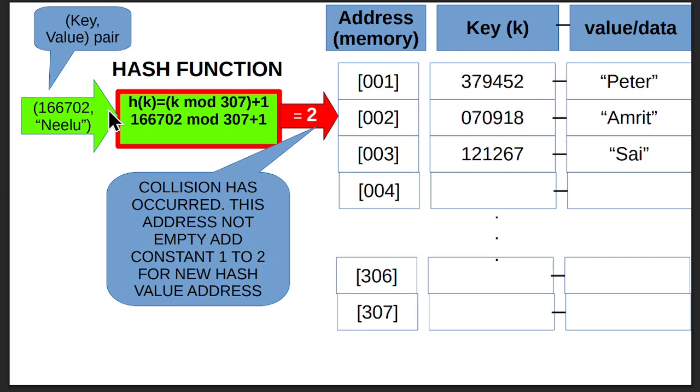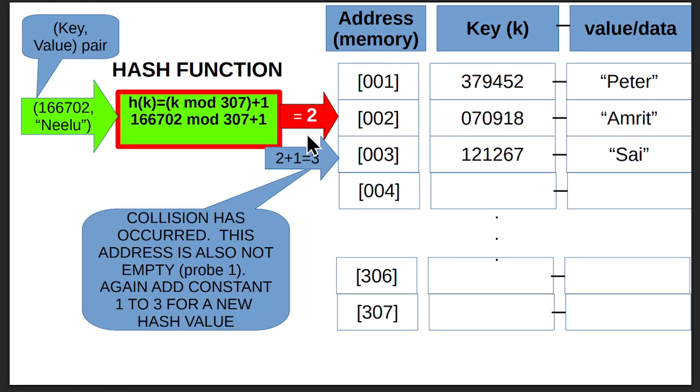One of the methods of collision resolution is linear probing. I talked about probes in the previous video. In linear probing, we add a constant value to the hash value.